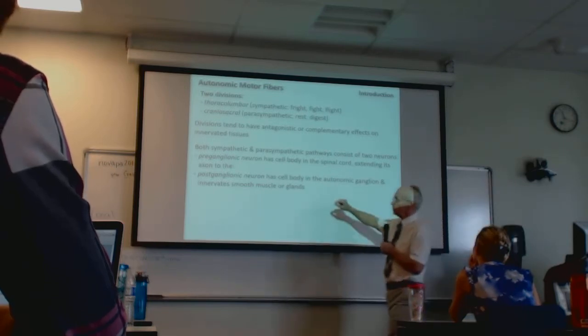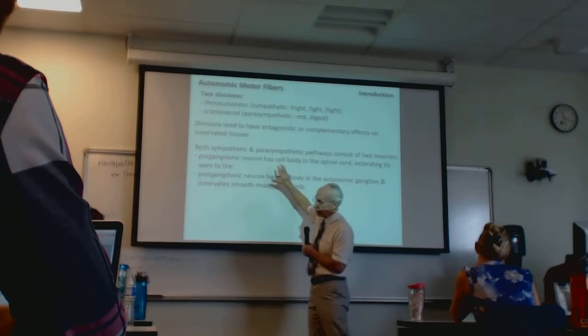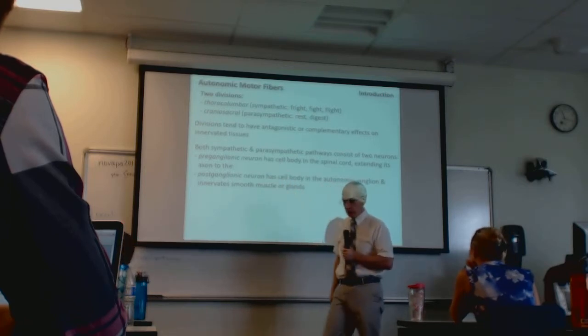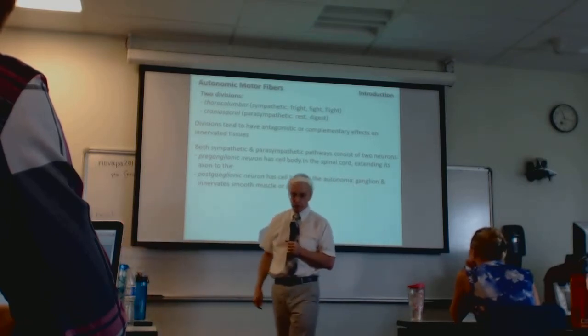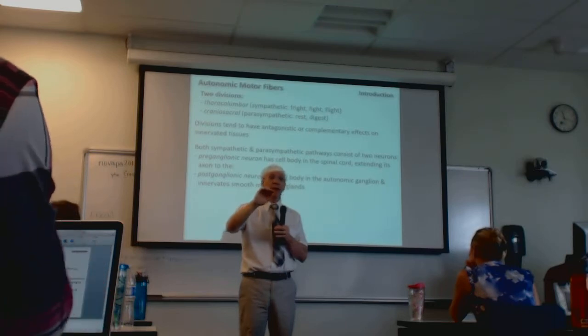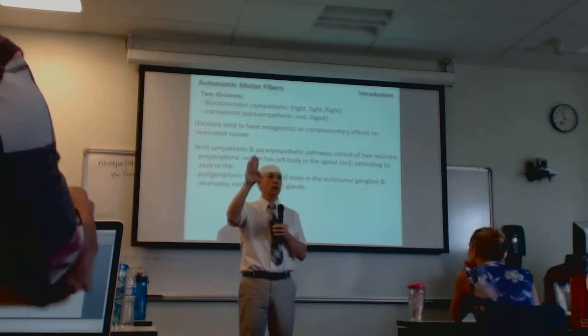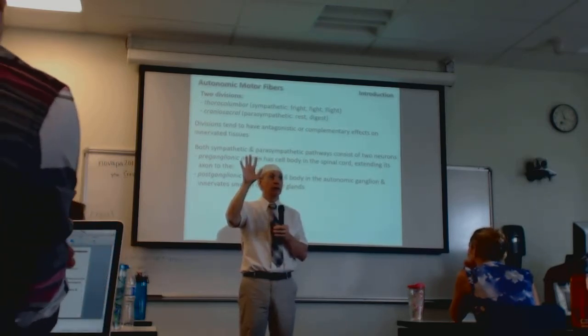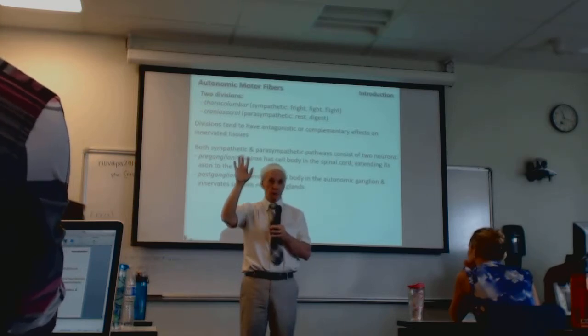The other thing you should keep in mind with respect to the general anatomy of the autonomic nervous system is the organization of neurons. Now, this is a little bit complicated, but you told me that the cell body that moves the lumbricals in the hand is located where? In the ventral horn of the cord.